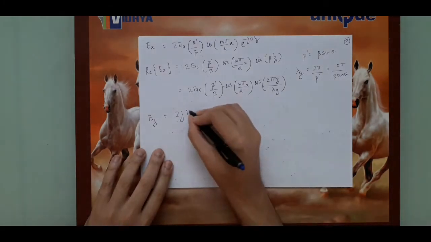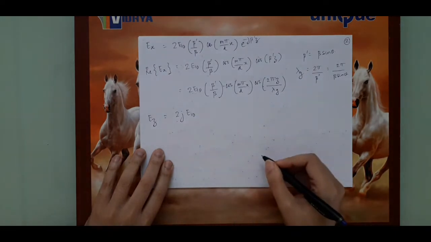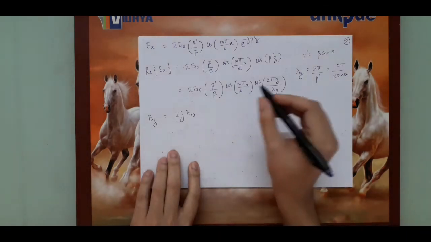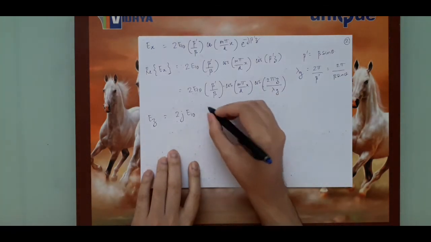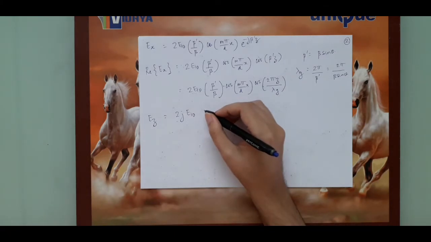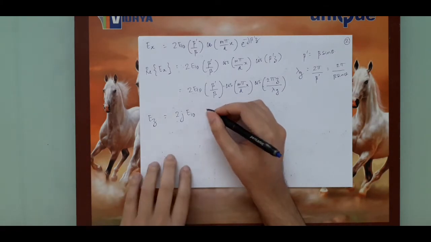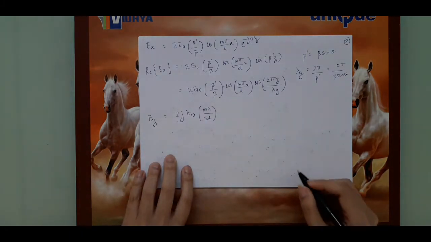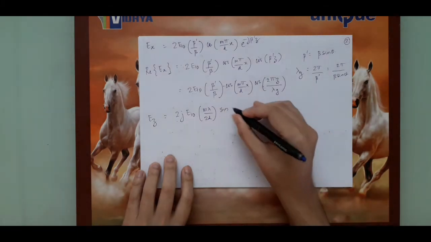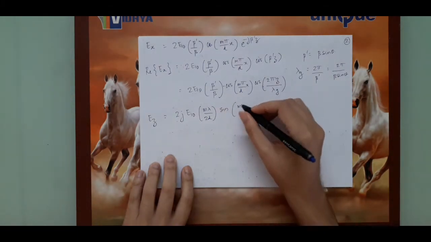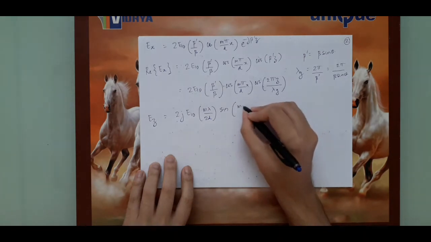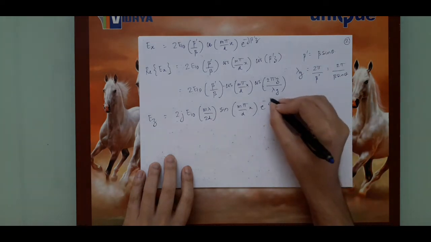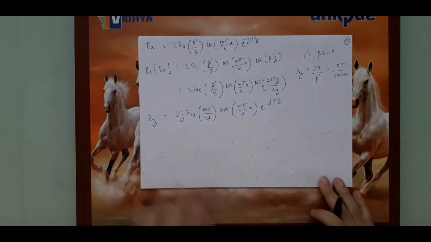It will be 2j ei0 times this times sine, this is the way it is.